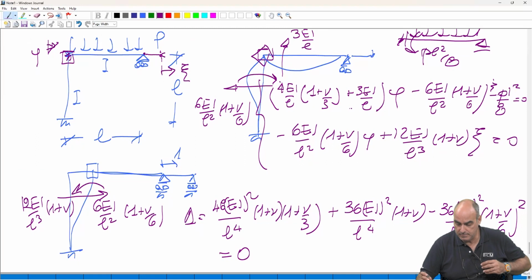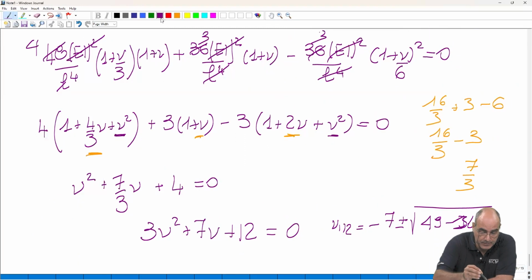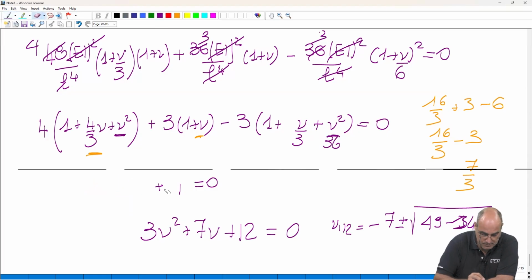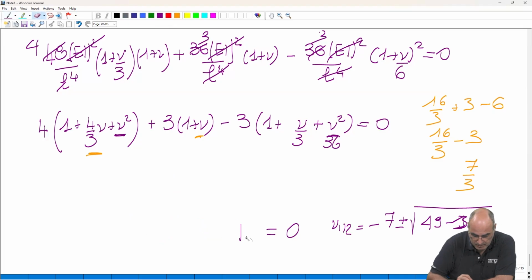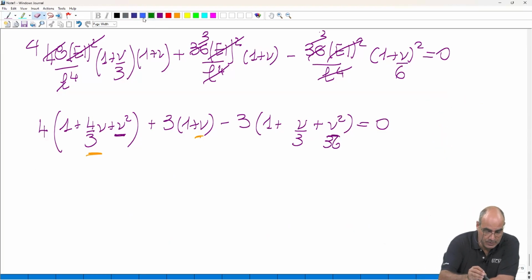Okay, so we quickly check it because this is n over 3 and n squared over 36. Okay, so you see, you always have to check, it can happen. Okay, so let's go back.